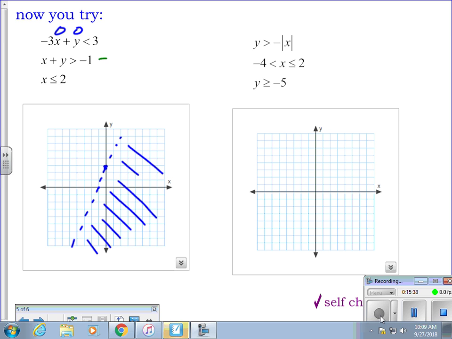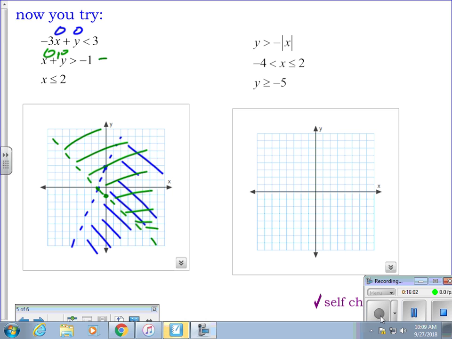Next one, my x and y-intercept both are -1. So y-intercept is -1, x-intercept is -1. Once again, I have a dashed line. Plug in 0, 0 plus 0 greater than -1. It is. So it's everywhere here. And then I do my last one. X is less than 2.